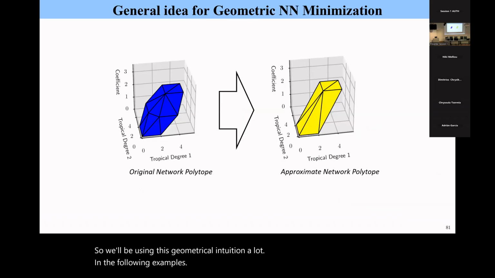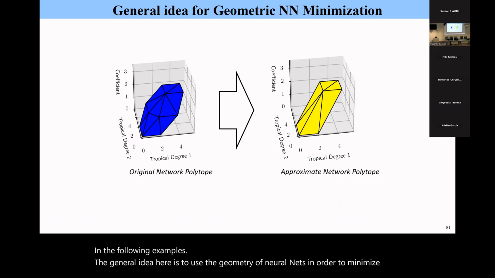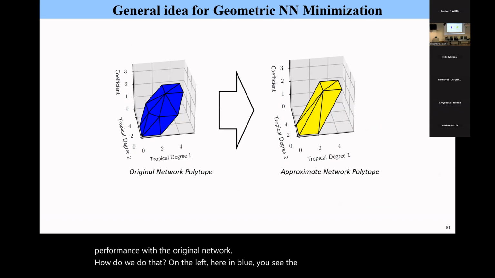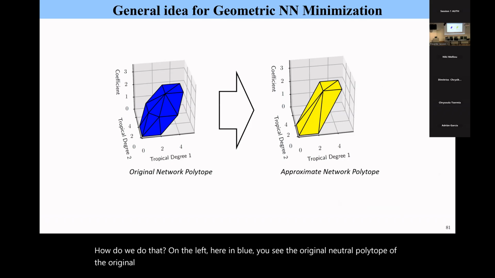The general idea here is to use the geometry of neural nets in order to minimize them. In other words, to compress them into a smaller network that has similar performance to the original network. How do we do that? On the left here in blue, you see the original Newton polytope of the original network. On the right, you see the Newton polytope of the approximate network.